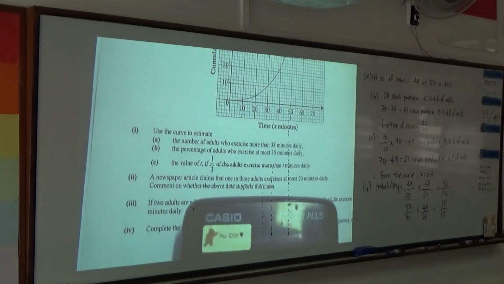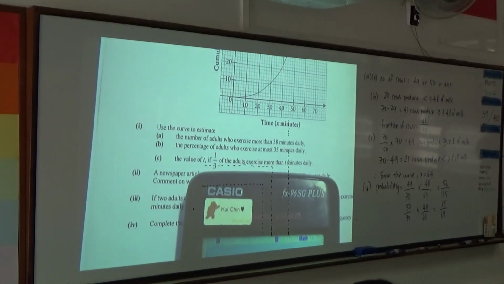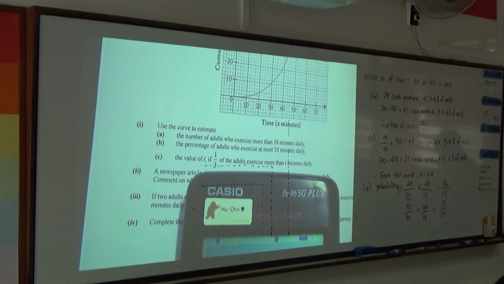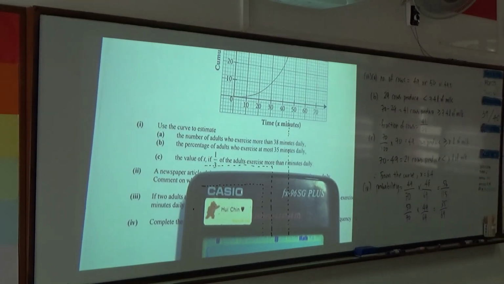Part I ABC. Please do part I ABC now. I'll give you 6 minutes to work on it. If you find that the curve is not very clear in printing, I suggest you look at your textbook.